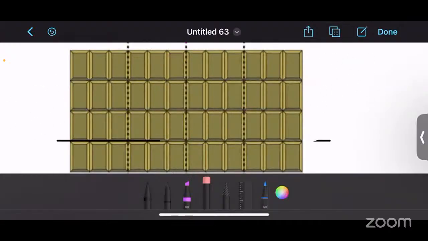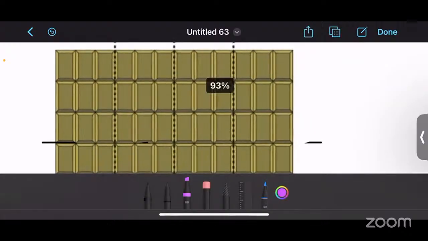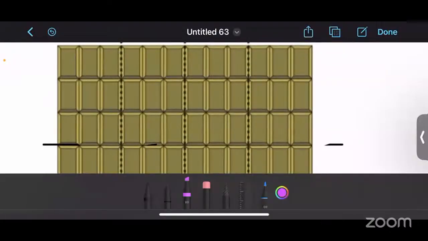How many pieces of chocolate are here? 12. How did you get that? How many pieces are here on this first row? Ma'am, there are 12.